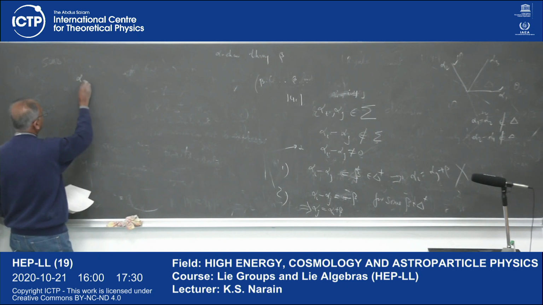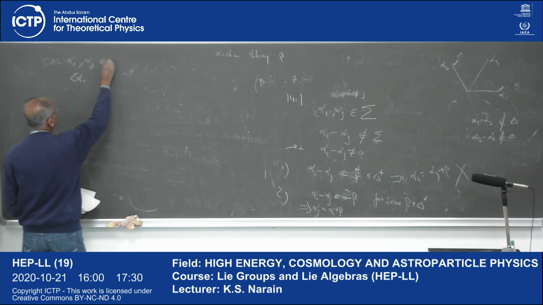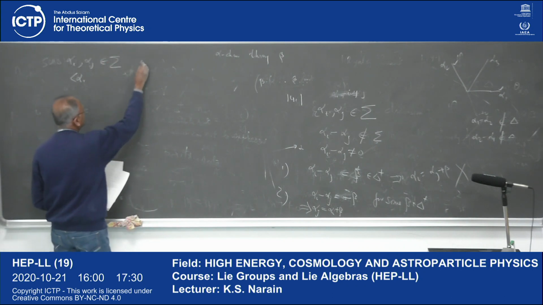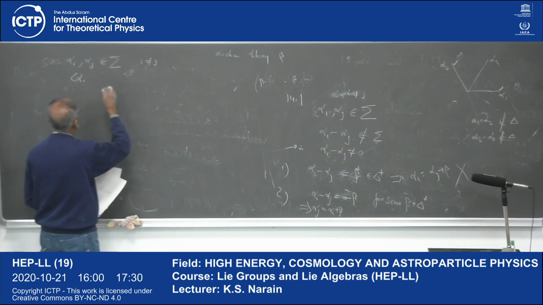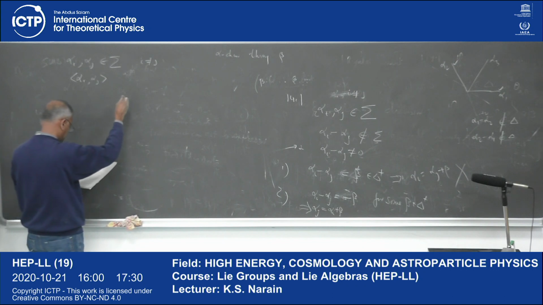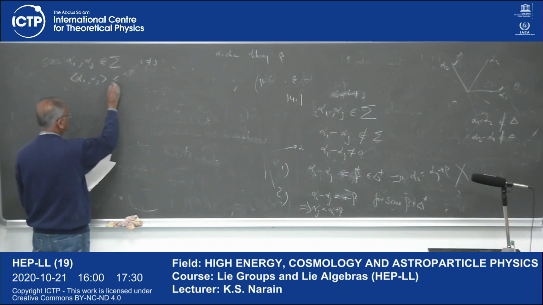So alpha I, alpha j. If alpha I, alpha j belong to sigma, with I not equal to j, then the inner product of alpha I and alpha j is always less than or equal to 0.